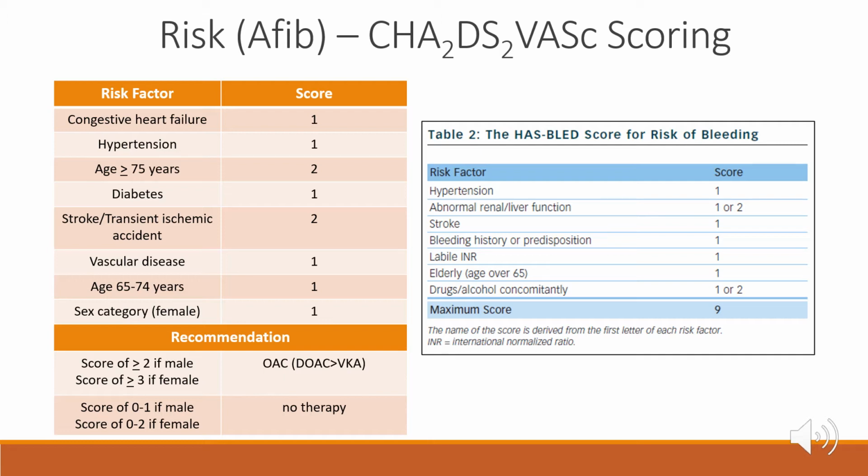Patients can score up to a maximum of 9 points for this one as well, and the higher the score, the higher your risk is for bleeding. There is no recommendation for stopping anticoagulation if your HAS-BLED score is a specific number, but it does allow us to have a more holistic picture when deciding to anticoagulate a patient.